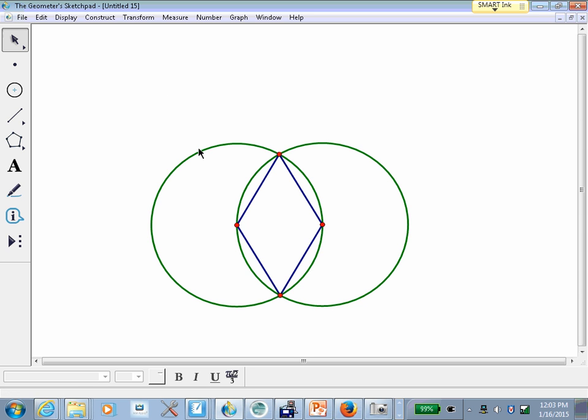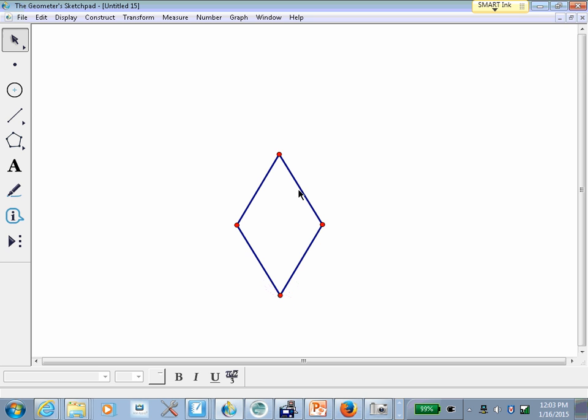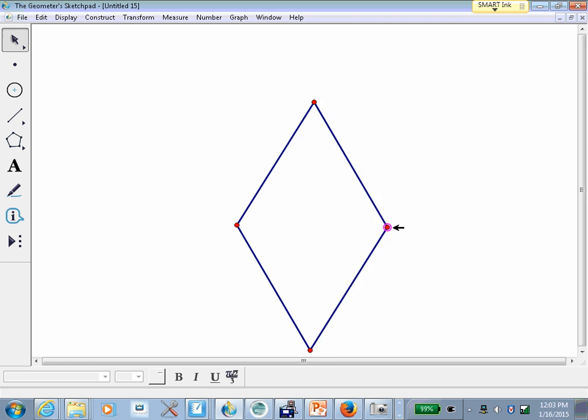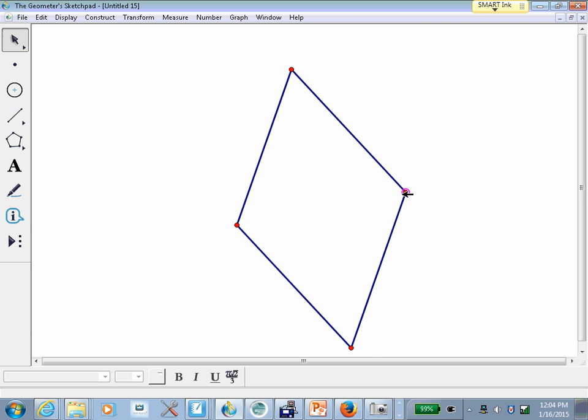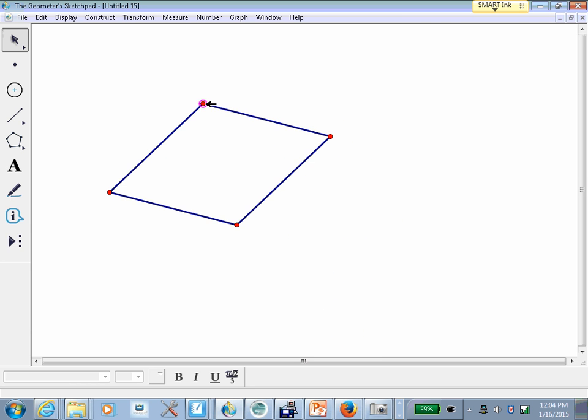And I'm going to hide my circles. Feel free to put me on pause at any point if you need to get caught up in Sketchpad. So I can take this point and I can drag it, and my rhombus will stay a rhombus.